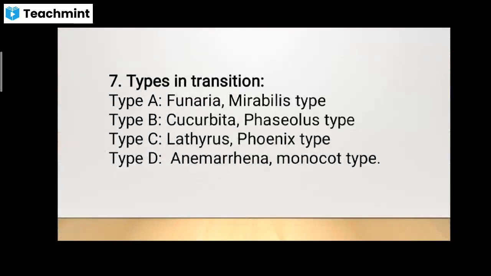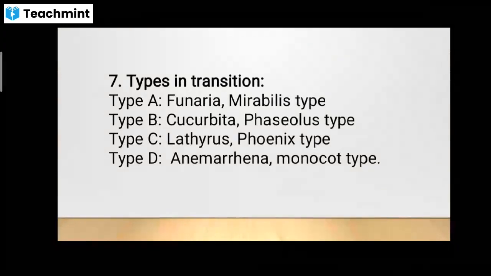Then the transition is differentiated into four main types. Type A is also called the Funaria mirabilis type, so it also gets its name according to the plant.